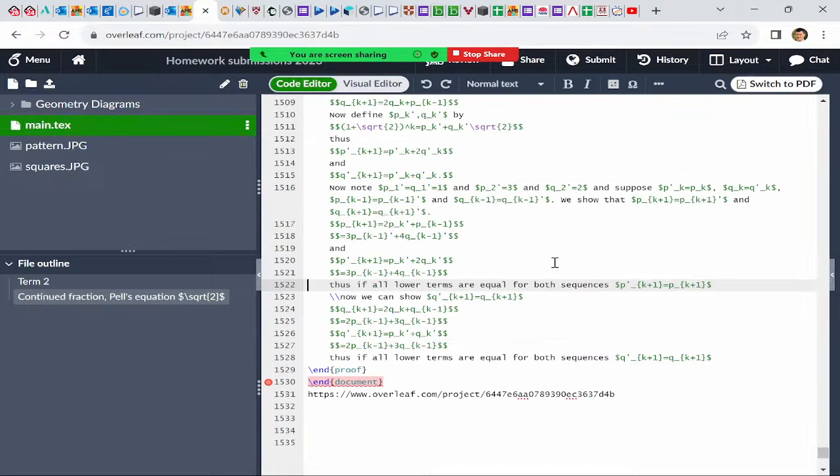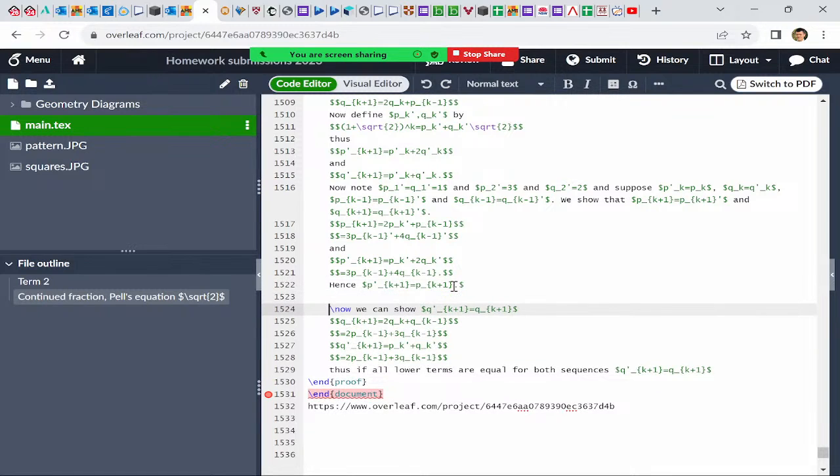Yeah, so here is just, hence. Yeah. There's no need for artificial line breaks, you know.